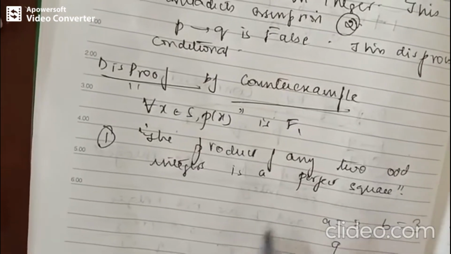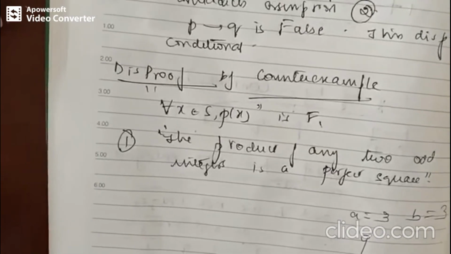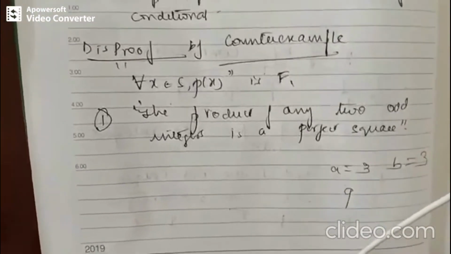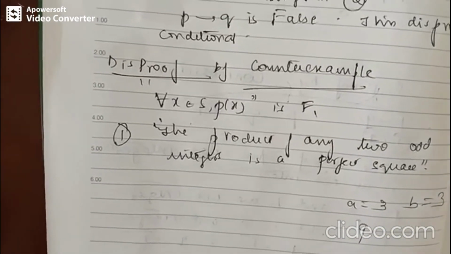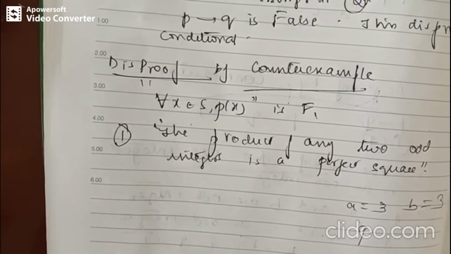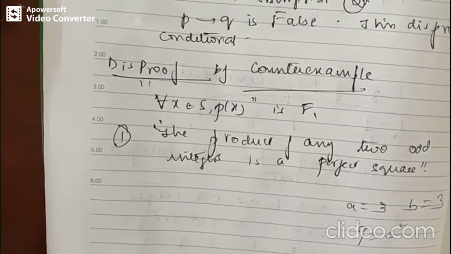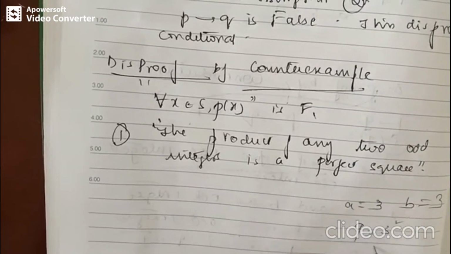Can it be represented as a perfect square? 9 can be written as 3 square.